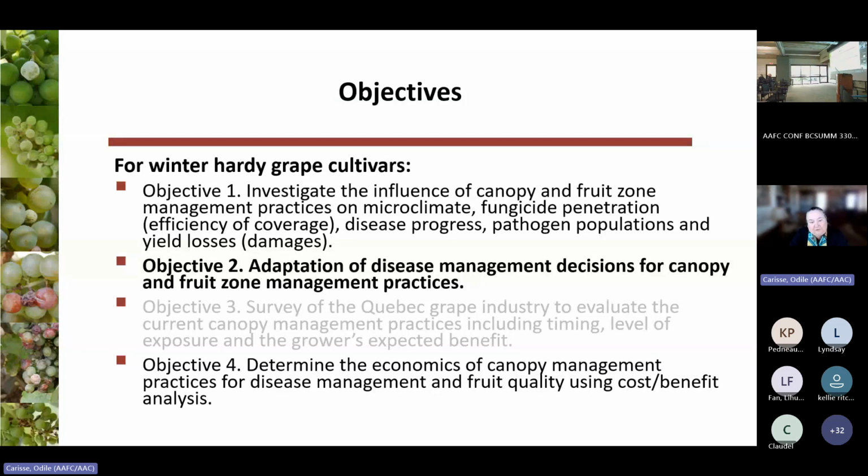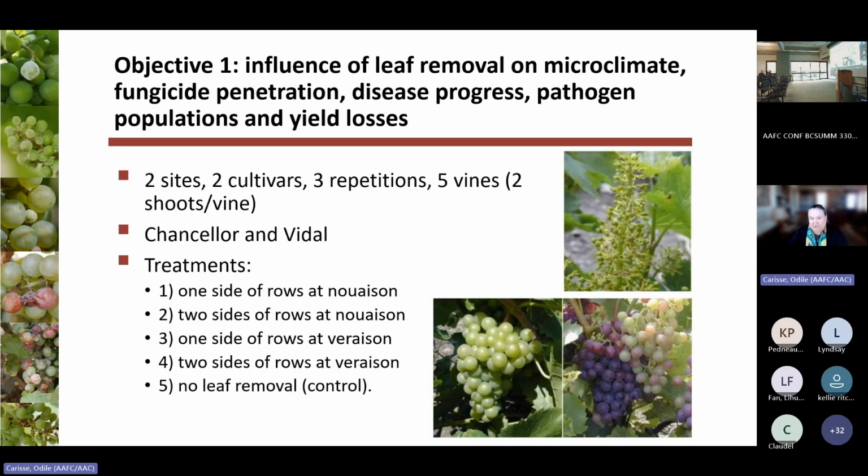And the other focus was that we know the benefit of canopy management in terms of grape quality, but it's not really used to improve disease management, I should say.